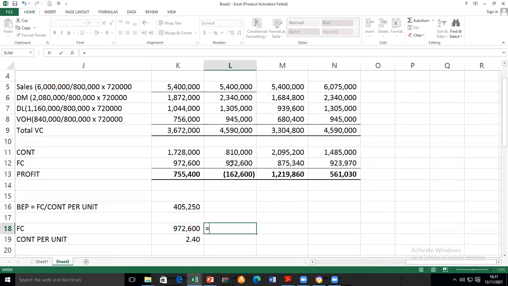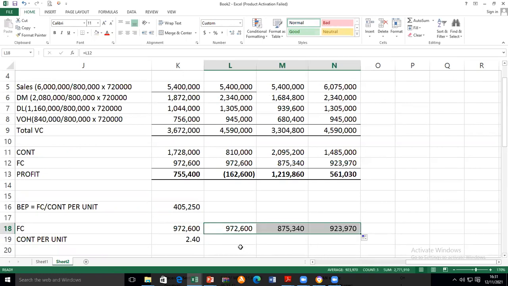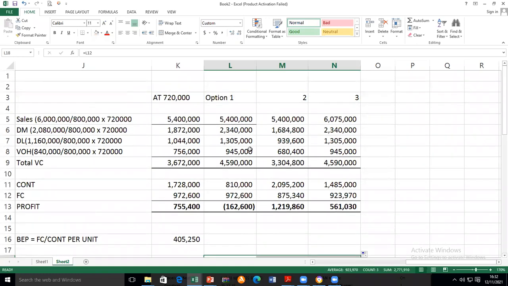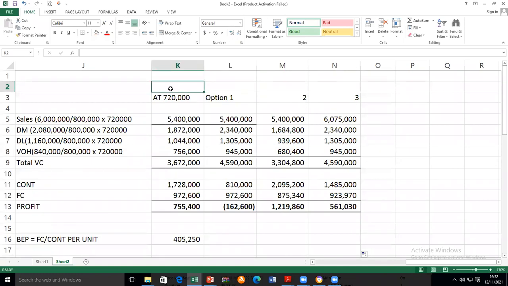We pick the fixed cost here. Contribution per unit. What I don't have here is the number of units.